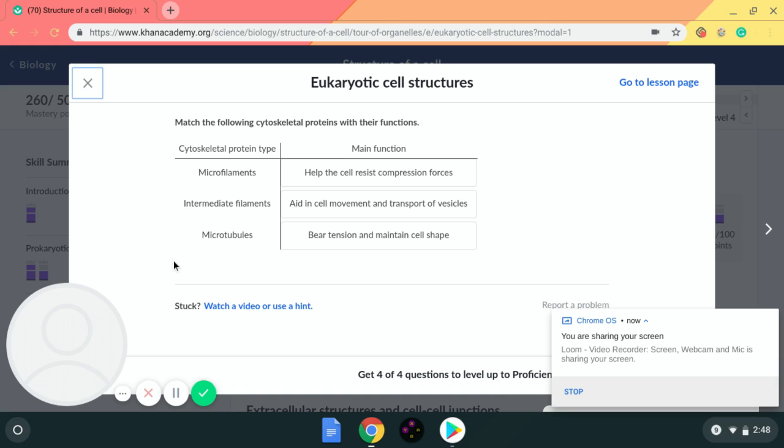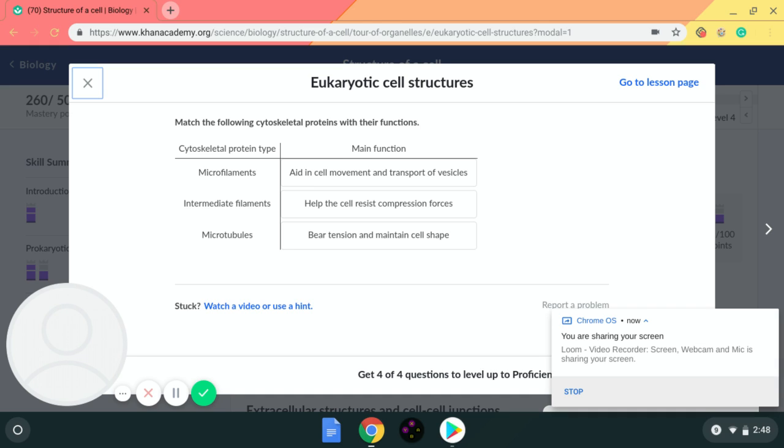But that's the basic stuff. Anyway, let's get right to it. Match the following cytoskeletal proteins with their functions. Microfilaments aid in cell movement and transport vesicles. By the way, vesicles are pretty much vessels with proteins in them.